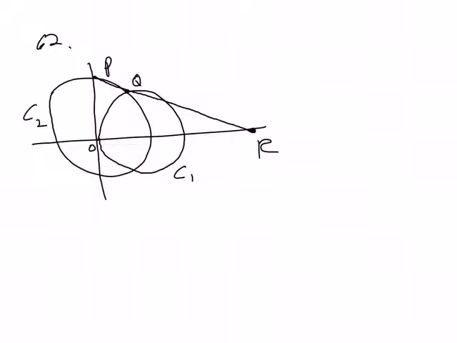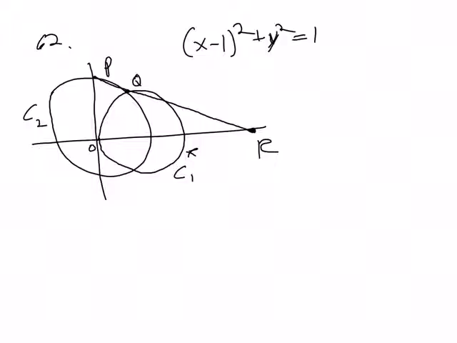And the question is this: the circle C1 over here is given with the equation x minus 1 squared plus y squared equals 1. That's C1.